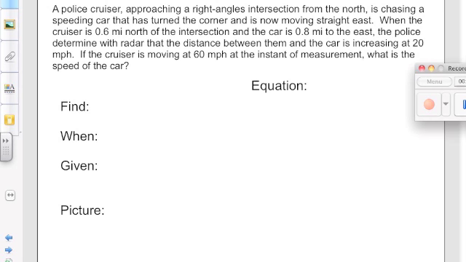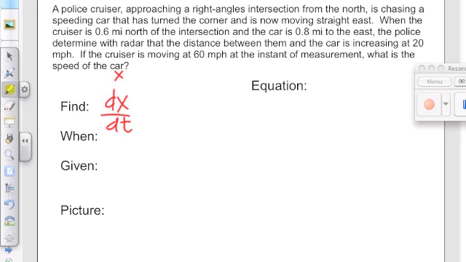So what I'm trying to find here, I'm going to call the car who's getting chased, who's probably going to get the ticket, X. Since I want the speed of X, this should be dx/dt. I know it says what is the speed of the car.